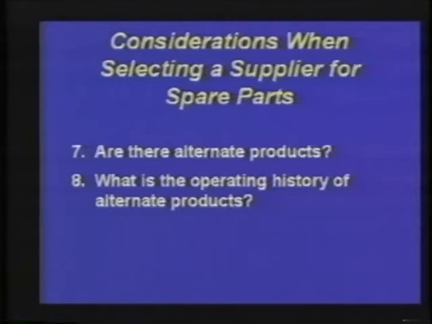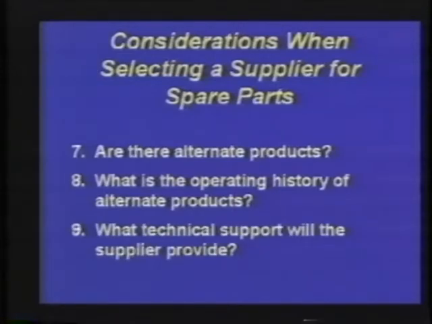Now, continuing on page 4, item 8, what is the operating history of alternate products? And that's only on the assumption that you did bring an alternate product in and we're actually keeping track of the operational lifespan of that particular item.